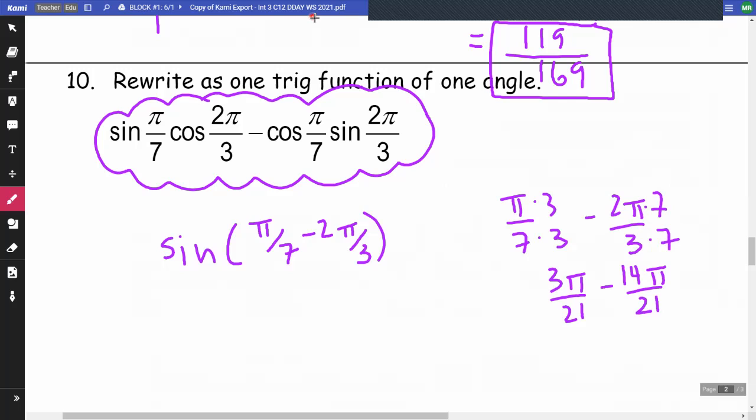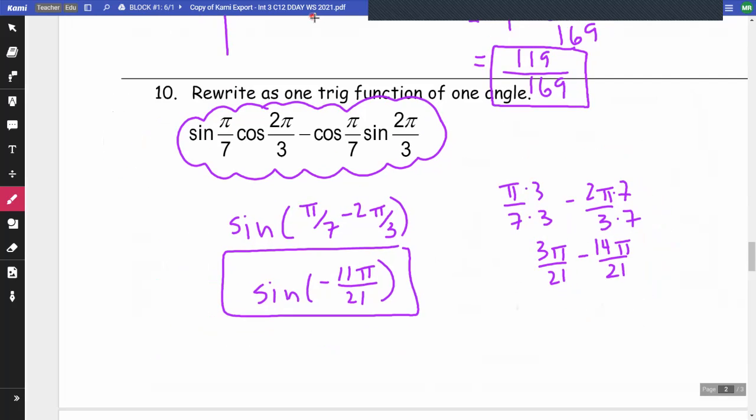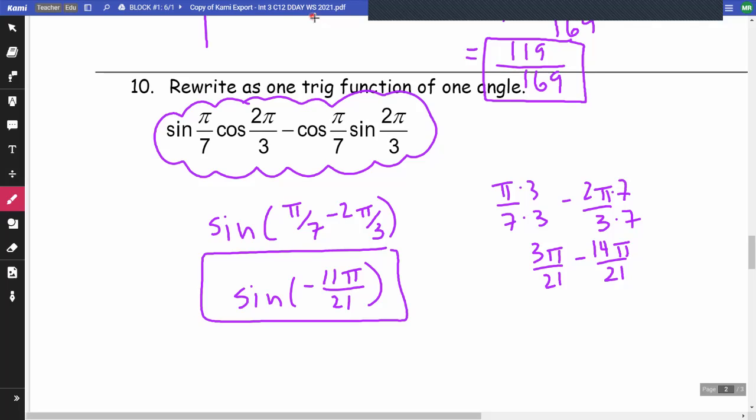I get negative 11 pi 21sts. And that's your answer. We wanted you just to write it as a single trig function of a single angle. And that's that.